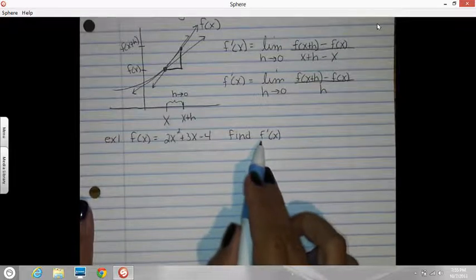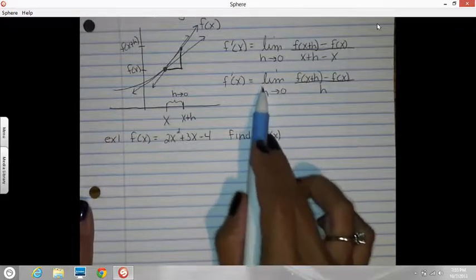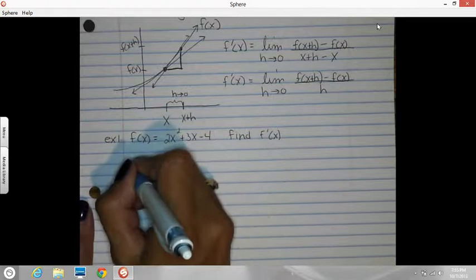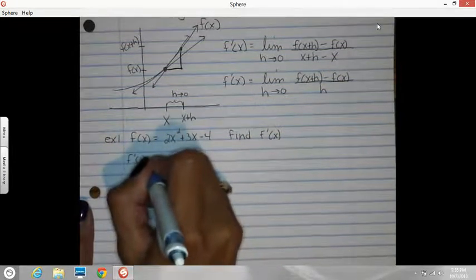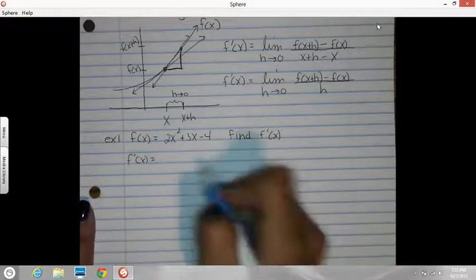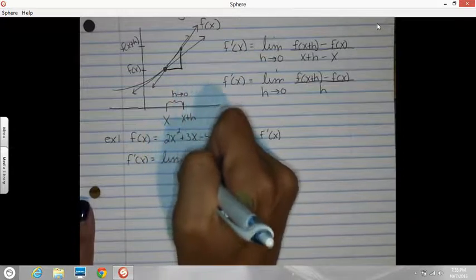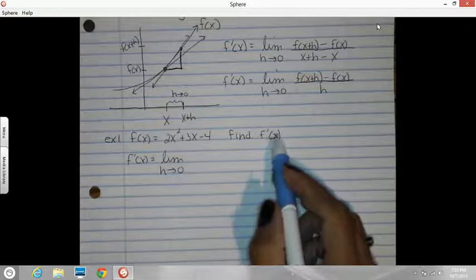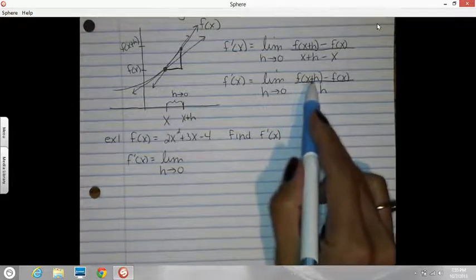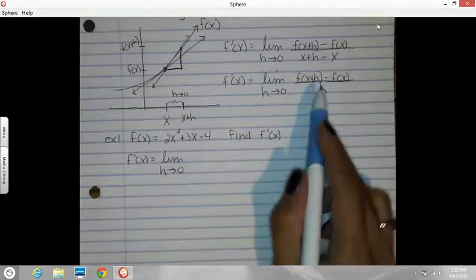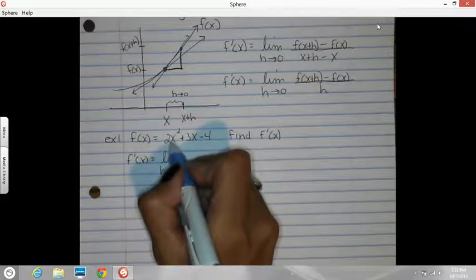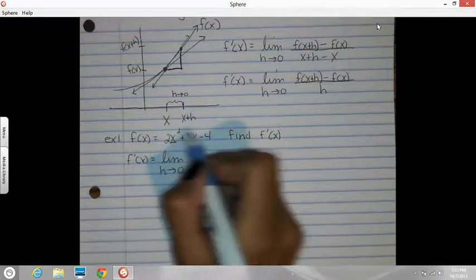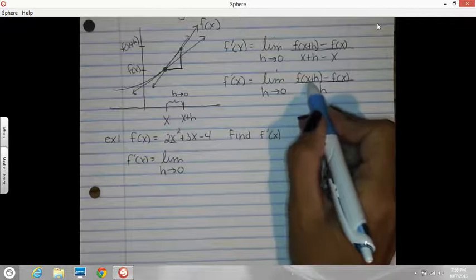So the derivative equation is when we use this h definition here. So f prime of x is equal to the limit as h approaches 0 of, I need f of x plus h. That means you go back to the original function. Wherever you see an x, you substitute in x plus h.